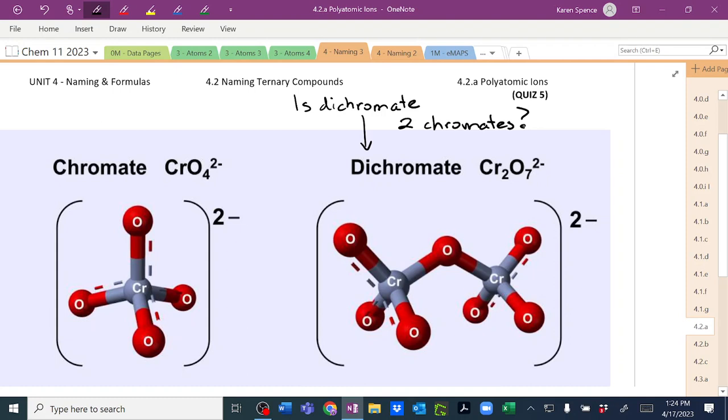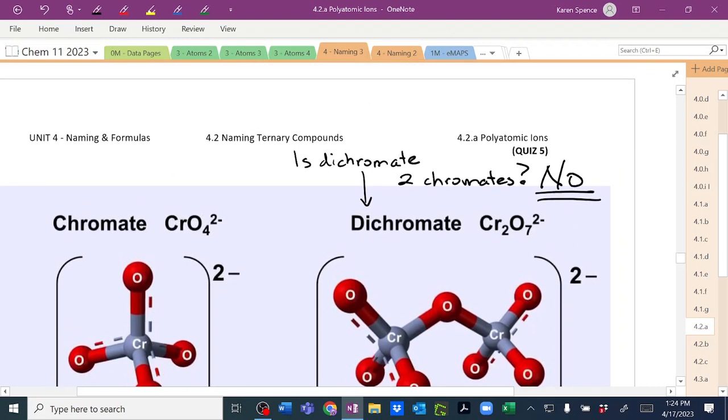Is it? It almost is, but not quite, because 2 chromates would be Cr2O8 4-, and we have Cr2O7 2-. So the answer is no. Dichromate is not 2 chromates.